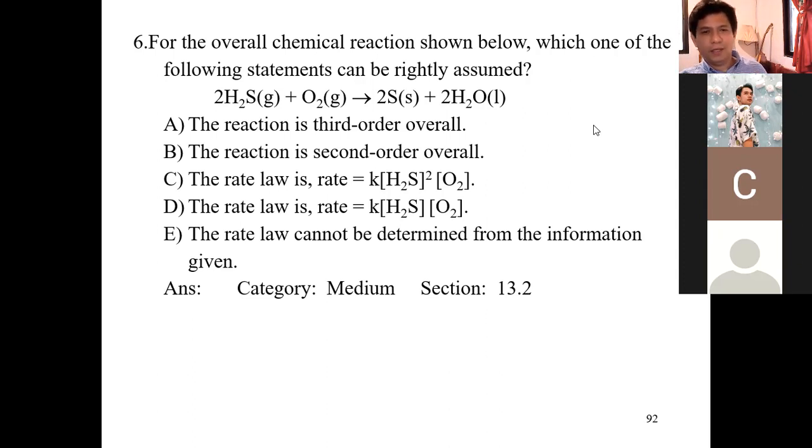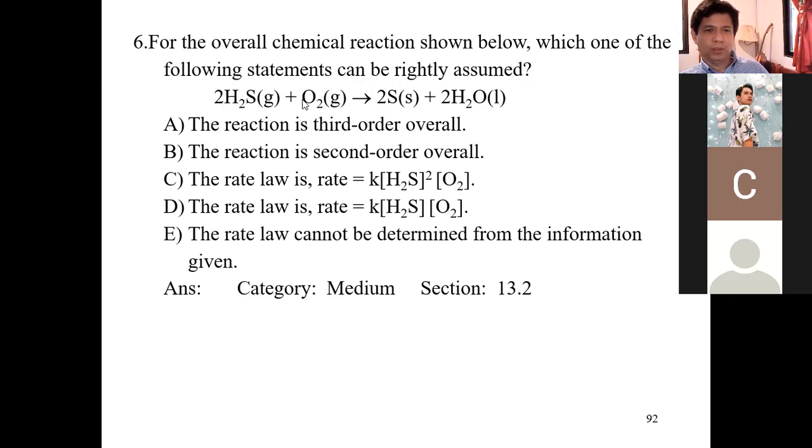Ano ba yung relationship ng stoichiometric coefficient sa order ng reaction? Meron ba? Generally, meron ba? Yan muna, Kristen. Halimbawa, di ba, these are stoichiometric coefficients.